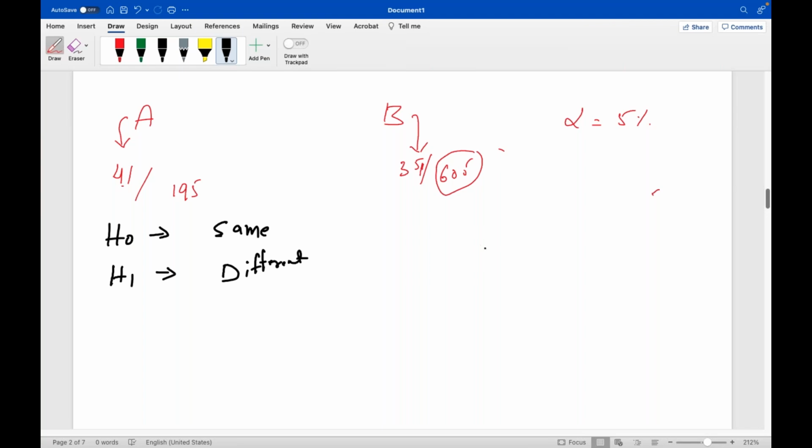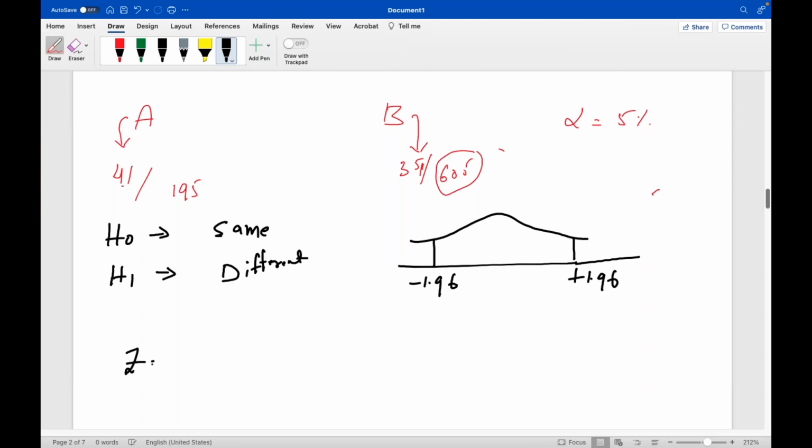So from the Z table, the alpha value is 0.05, right? When alpha is 0.05, the critical values here are minus 1.96 and plus 1.96, right? And here I want to calculate the Z. The Z formula is different, it's not the previous formula.